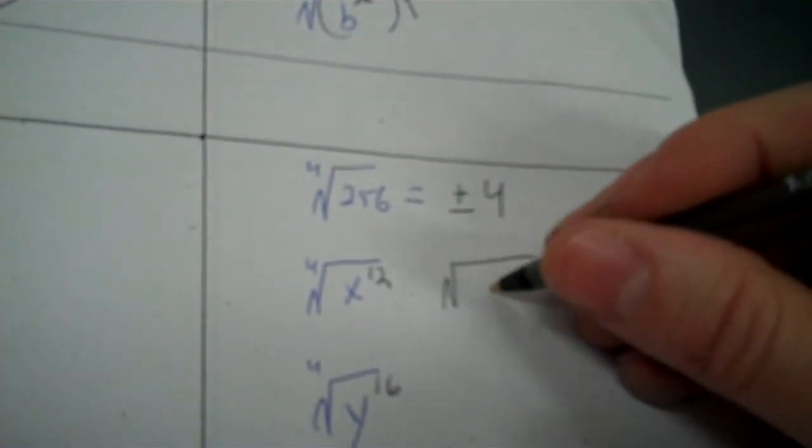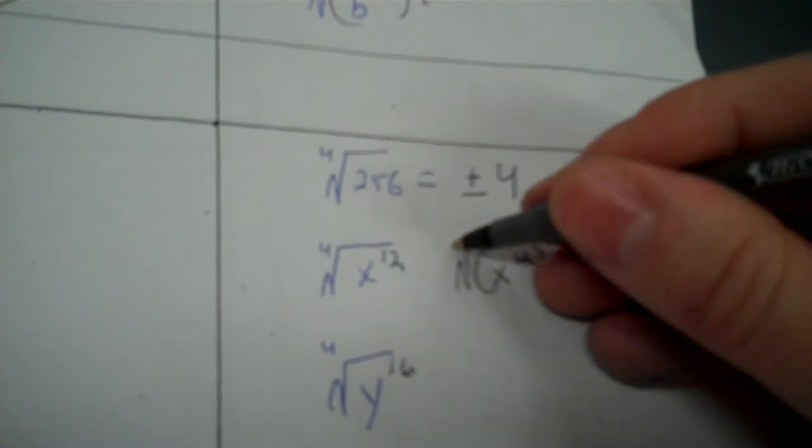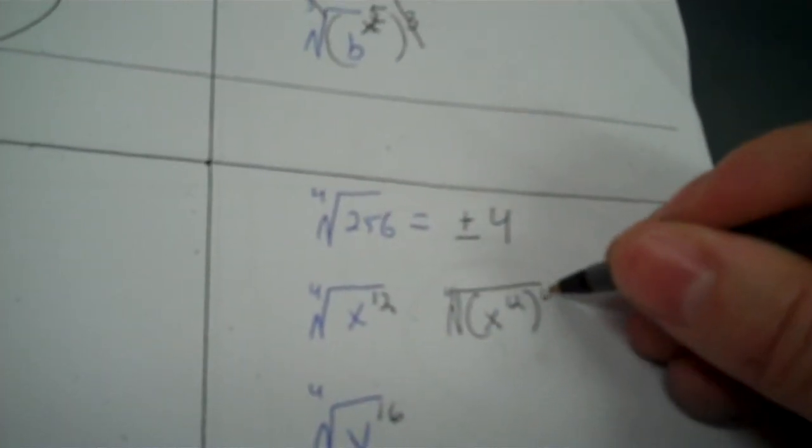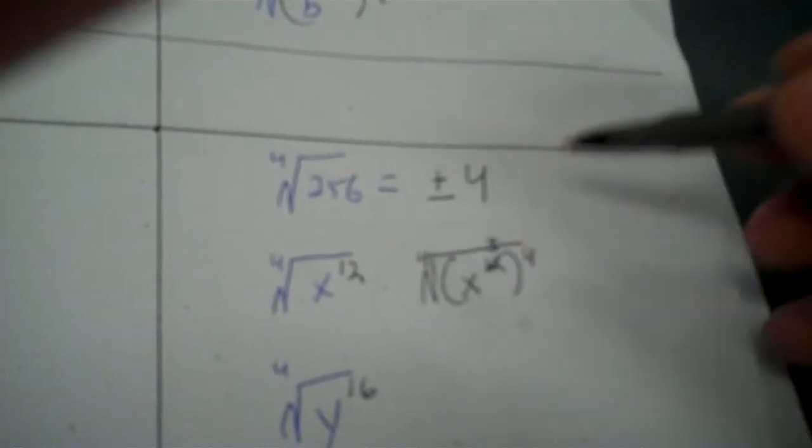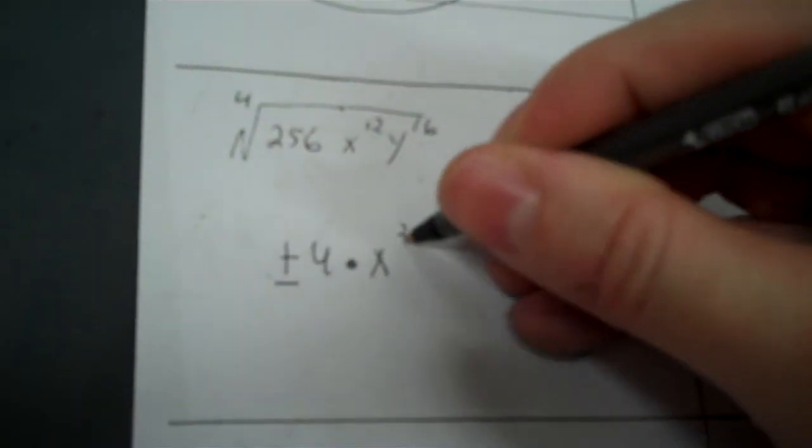Okay. Times. Then I come over here and I got x to the 12th, but then I rewrite it. It's a 4th root, so I want a 4 to match it. Then 12 divided by 4 is 3. Okay, 3 times 4 would be 12. I'm just breaking the 12 up because then I can cancel the 4's. x to the 3rd.